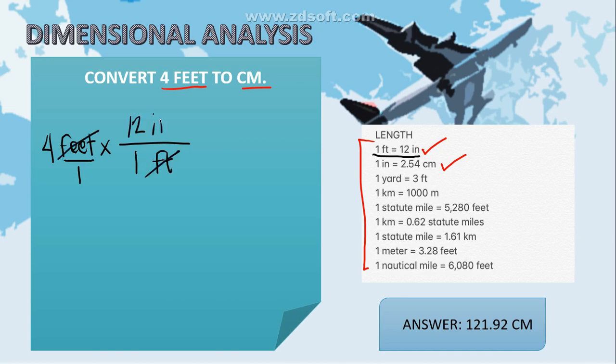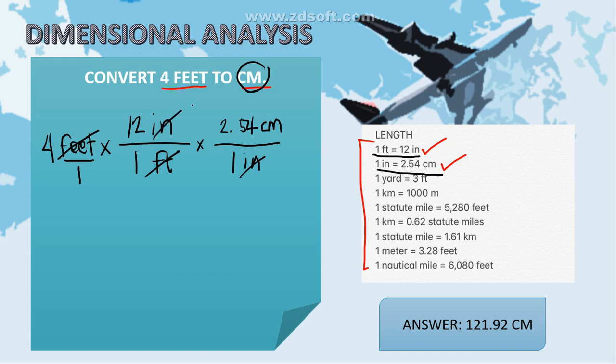So now, we have 12 inches. Since we are going for the centimeter unit, we need to multiply it again by another conversion factor, which is inches to centimeter. So we have 1 inch is 2.54 centimeters. Okay, the reason why the inches is at the bottom is so it can cancel as well.